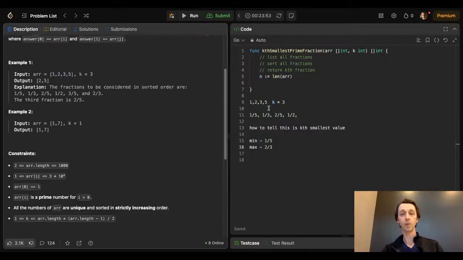If there was a 7 here, so if you compare 2/3 and 5/7, so multiply by 5, so 10, 15, and no, by 7.